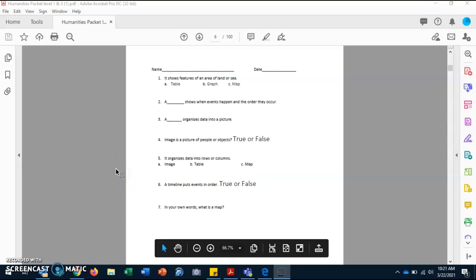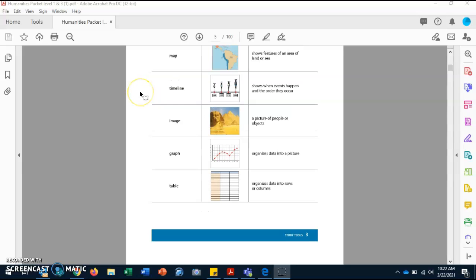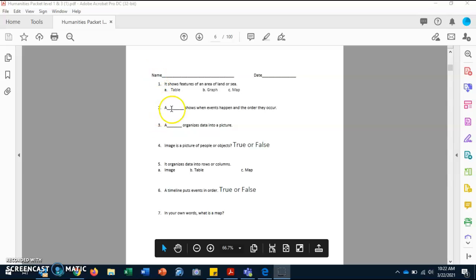Please take out this worksheet. It has 7 questions, and our first question is, it shows features of an area of land or sea. This one doesn't have a title, but that is question number 1. This is the worksheet we are going to be working on, boys.